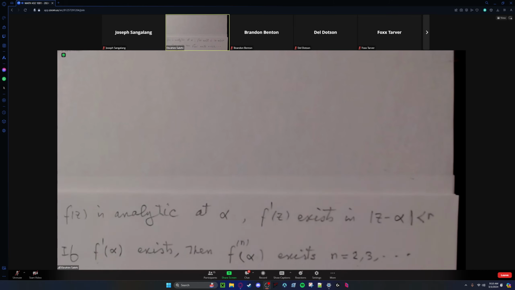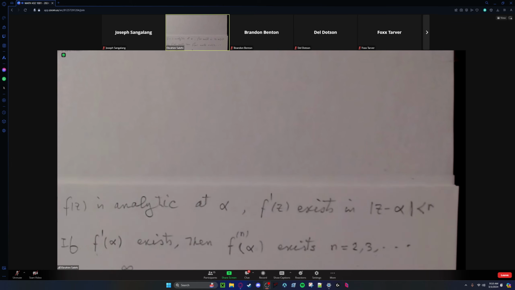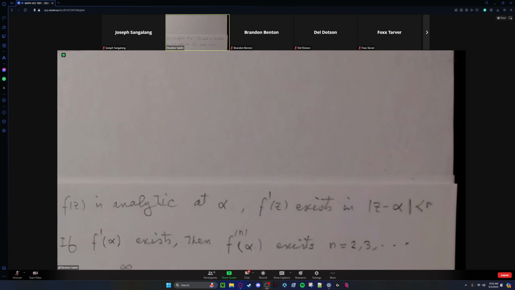Now, I am trying to remind you of what we did so far. If the function is analytic here, then not only does the first derivative exist, but all derivatives exist.